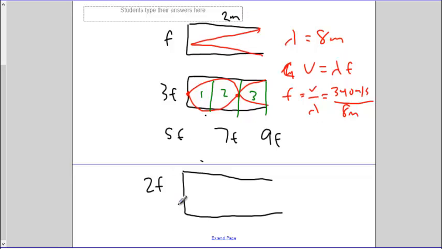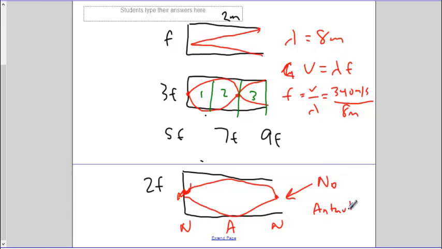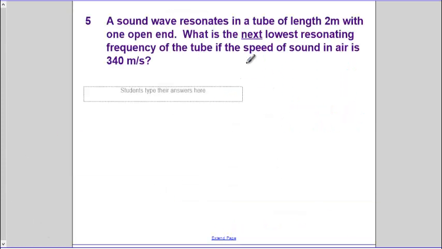If it were twice as frequent as this, we would have 2 quarters contained, and we'd end up with a node, an antinode, and a node. Can you remember what has to be at the end of that tube in order to hear sound? What is that thing called? An antinode. And so there's no antinode at the end. Let's move forward and see what we have next.